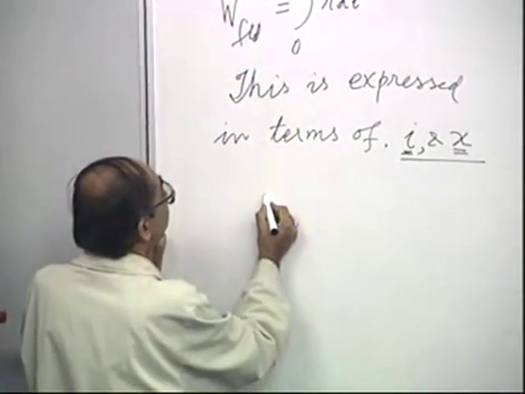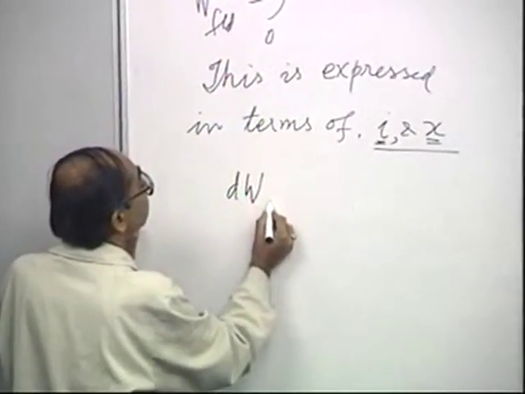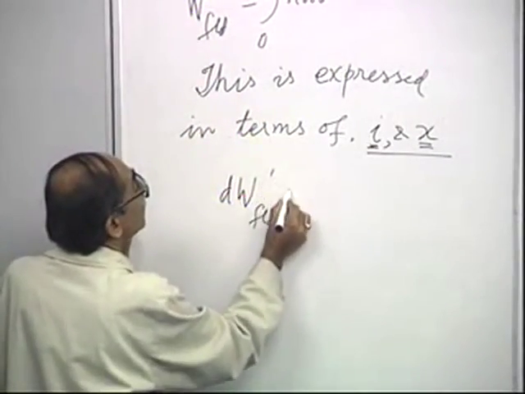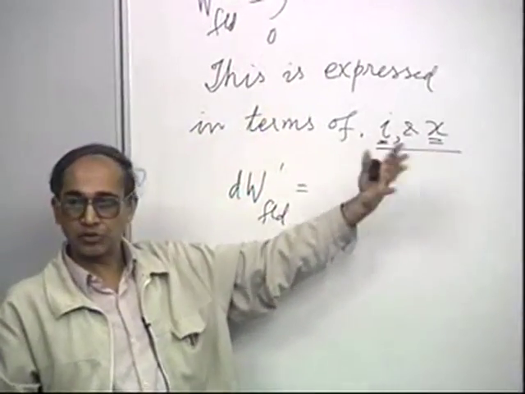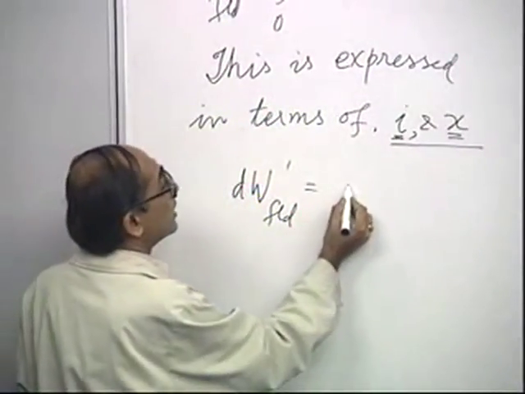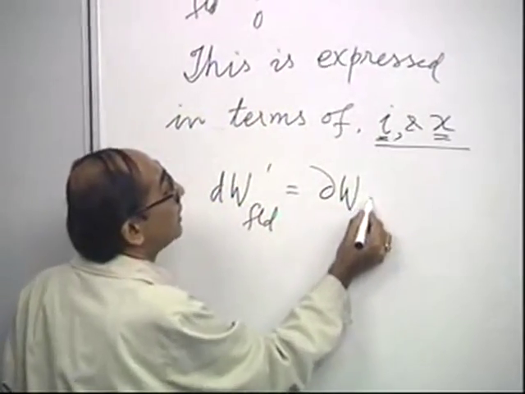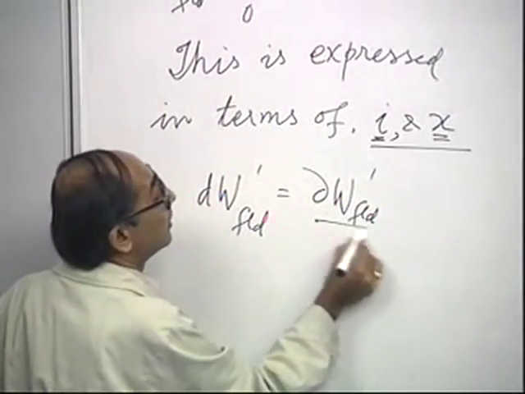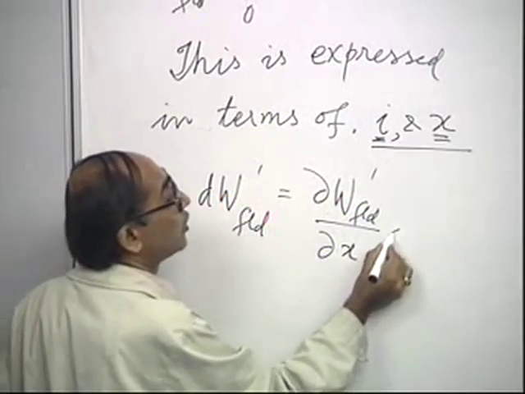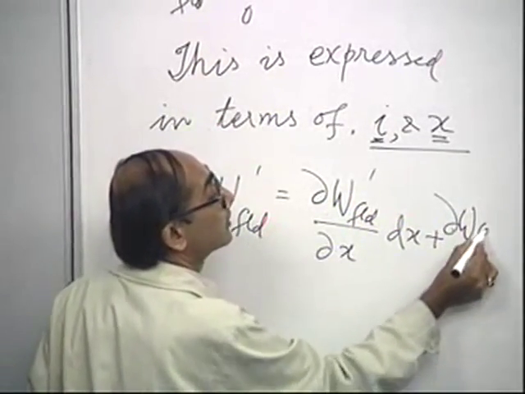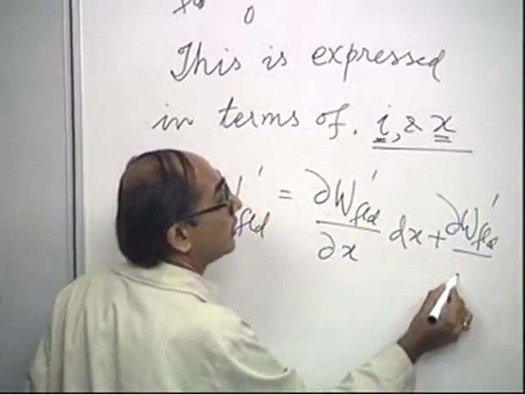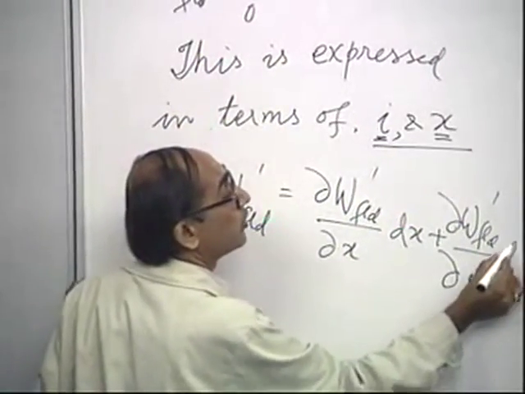Now therefore you can say that dW field dash, if it is an expression of these two quantities, how do you write it? You can write it as partial derivative delta W field dash by delta X into dx plus delta W field dash by delta I into di.